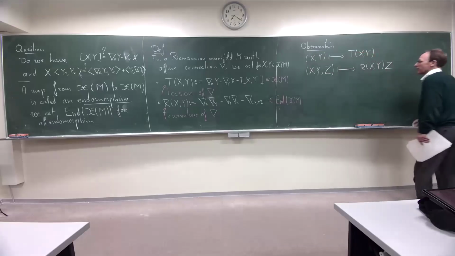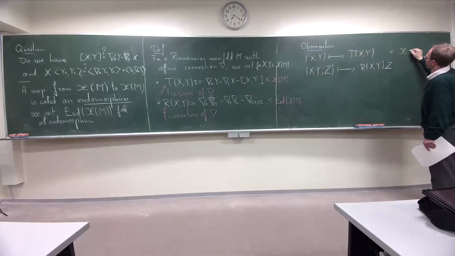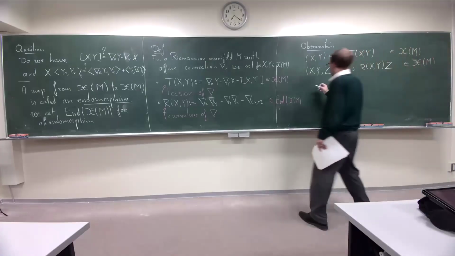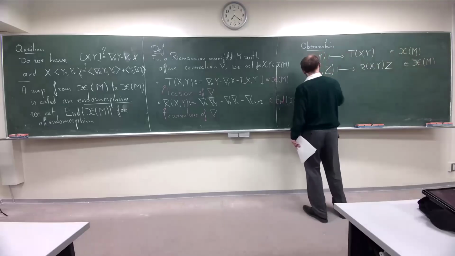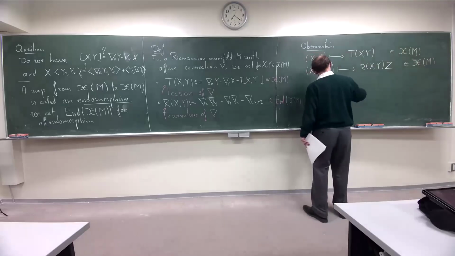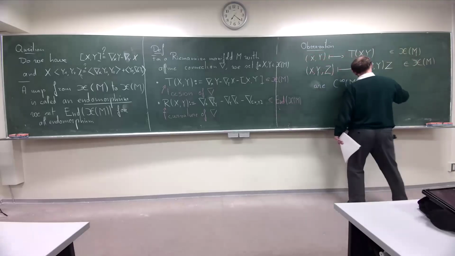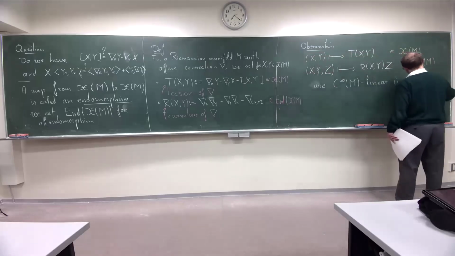Please observe that this is a vector field, and this is again a vector field because I apply it to a Z. The claim is these two expressions are C infinity of M linear in all arguments.